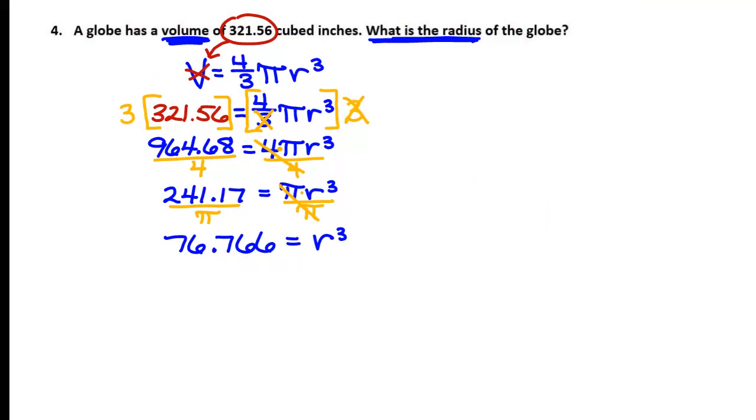Now we just need to figure out how to get rid of the cubed on the r. If that was a squared on the r, what would we do to get rid of it? Square root. We're going to do something very similar here, but instead of a square root to get rid of a square, we're going to do a cube root to get rid of a cube.